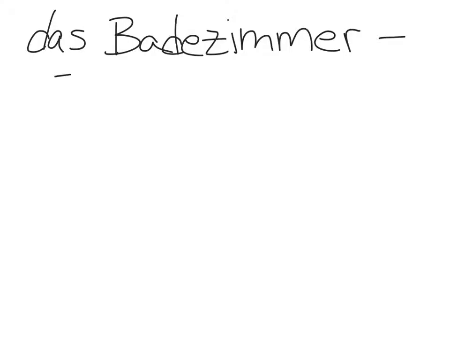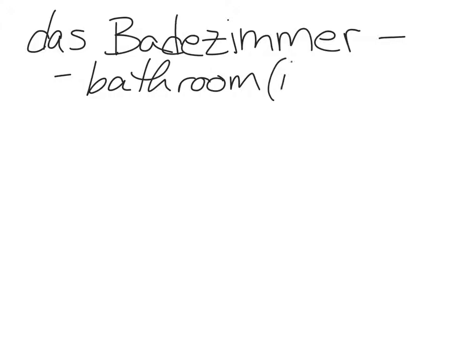Bathroom. Literally bathing room. Okay. So Badezimmer does imply that there is some place, like a tub or a shower, in which to bathe yourself. Okay, so it's not just a toilet and a sink. There is a place designated to bathe yourself. So it includes a bath or a shower.